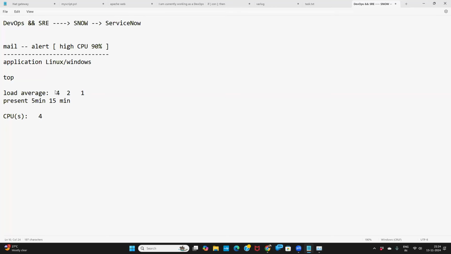Since it's utilizing full CPU, present is 100% utilized. 5 minutes back, 50% utilized. And 15 minutes back is 25% utilized.